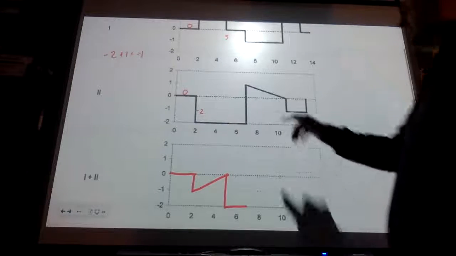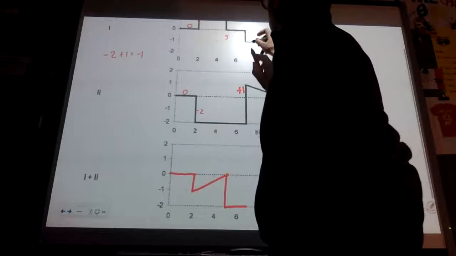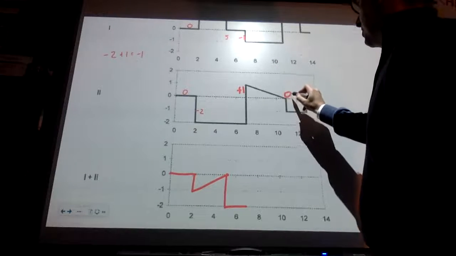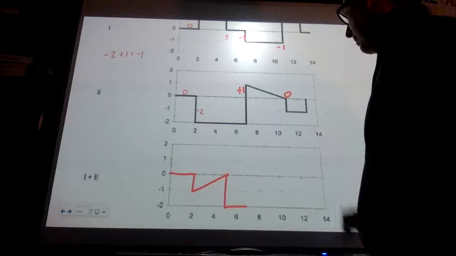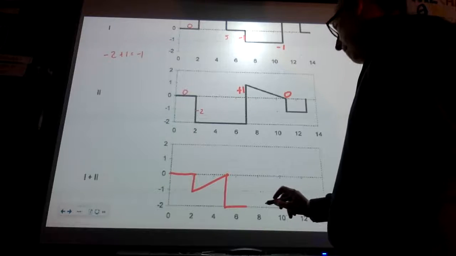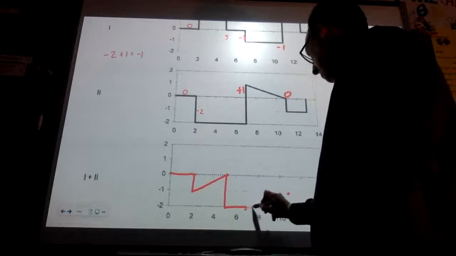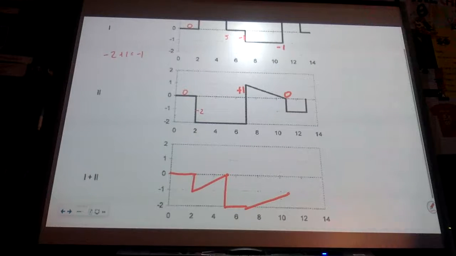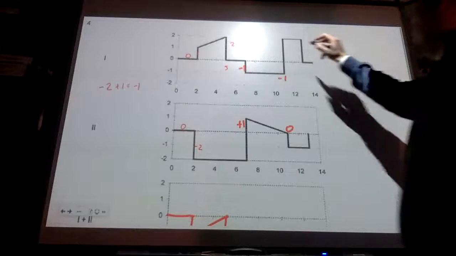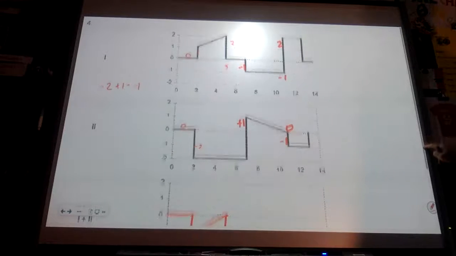Then at 7, this one ends up at +1. This one is -1, so I'm at 0. This one's going down to 0 at 11, and this one's staying at -1. So from 7 to 11, this should be going to -1. Then at 11, this one is at 2, this one is at -1, so that would add up to 1.